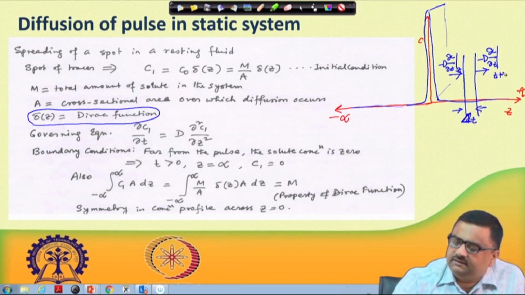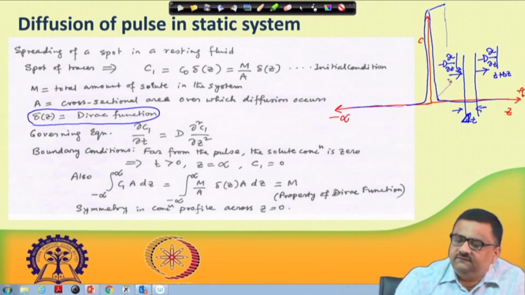So, this at z plus delta z, and then we said that difference in this flux.